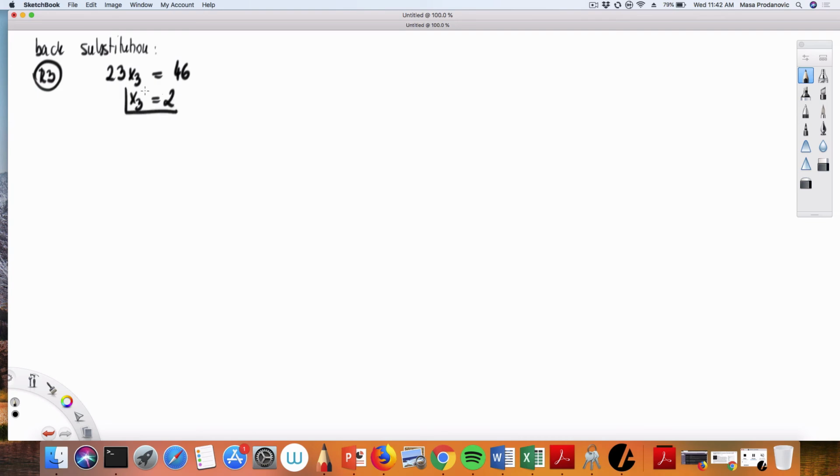So then I use that in my row 2. I have 2x2 plus 3 times 2 is equal to 6, correct? So these two things cancel, my x2 is 0.